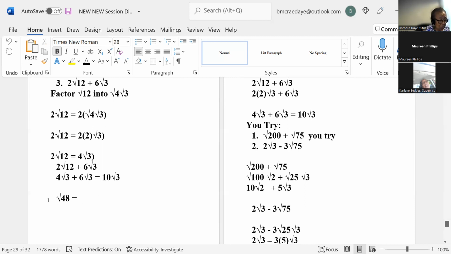Very good. So that means you could take this square root of 48 and write it as square root of 16 times square root of 3. Very good, Maureen. So that means we can take the 16 and put it here, and put the square root of 3. And what's the square root of 16, Maureen? 4.